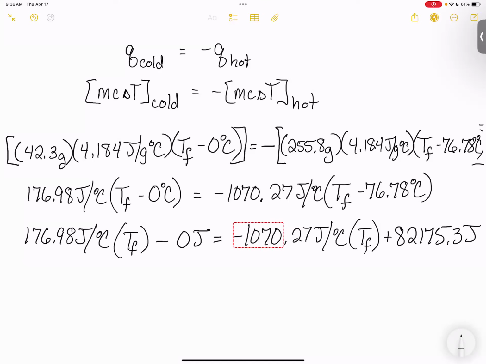I rearrange this equation so like units are on the same side, meaning the joules per degree Celsius will be on one side and the joules by itself will be on the other side.